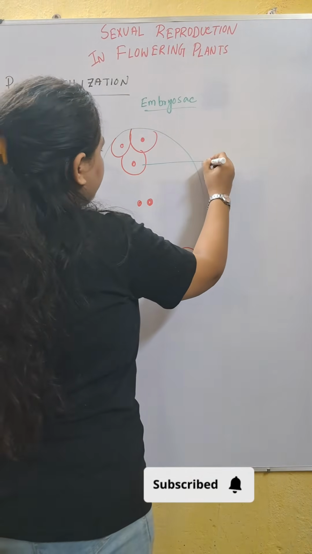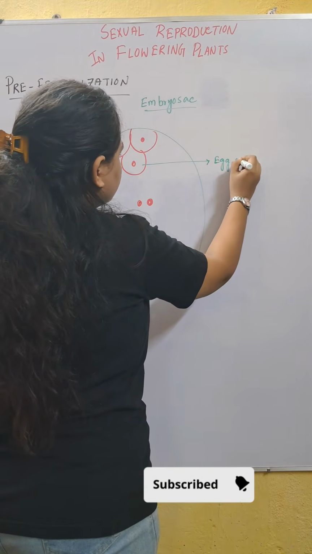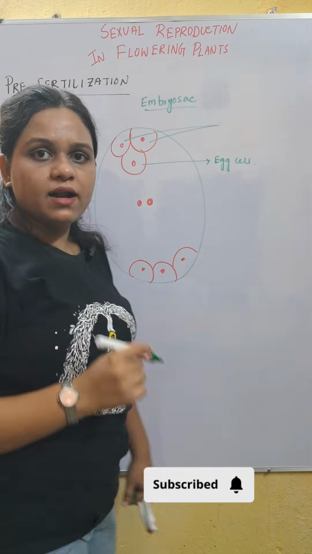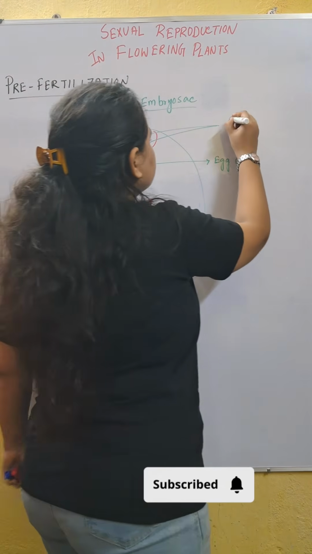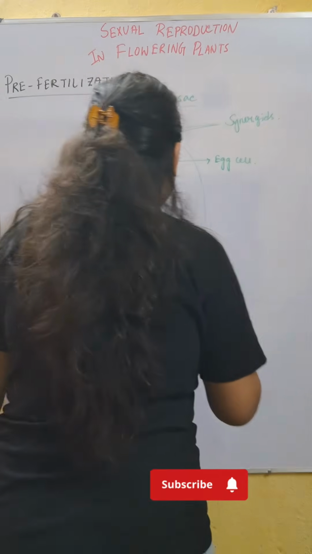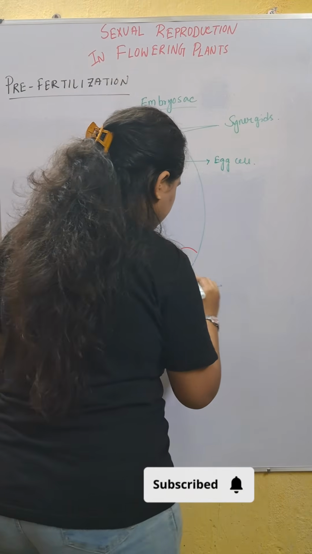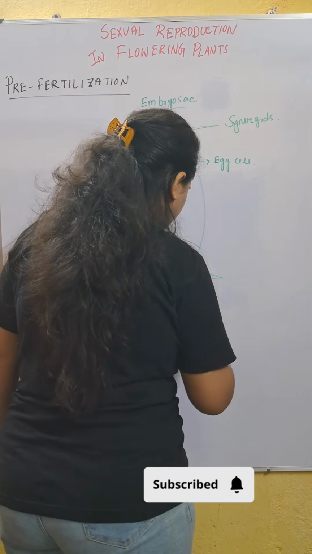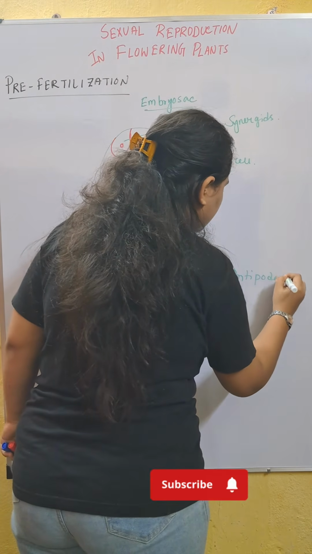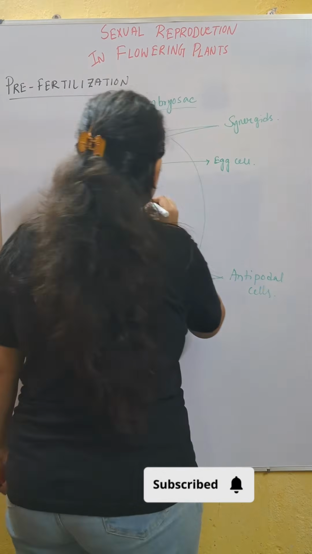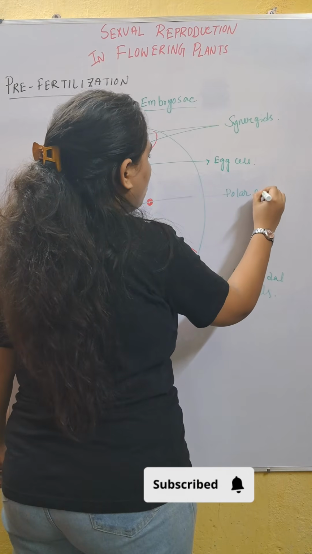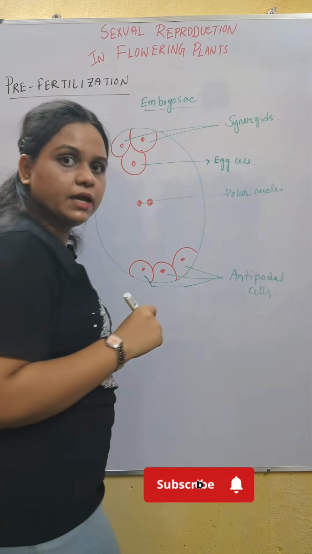This is the egg cell. These 2 similar looking cells are synergids. These 3 cells are antipodal cells, and these two are polar nuclei, or we can also call them secondary nucleus.